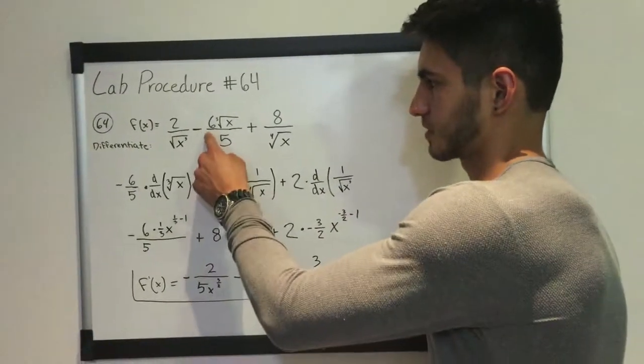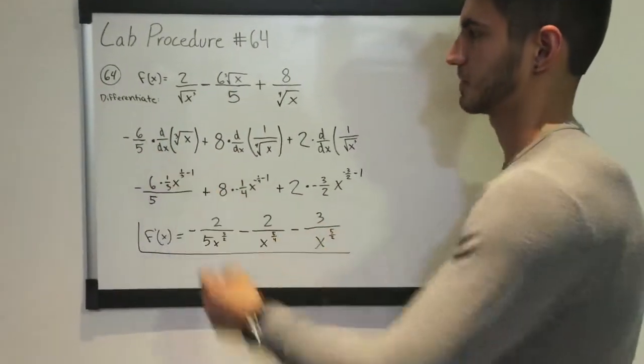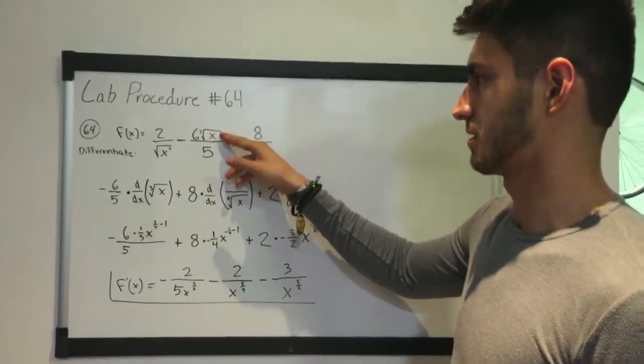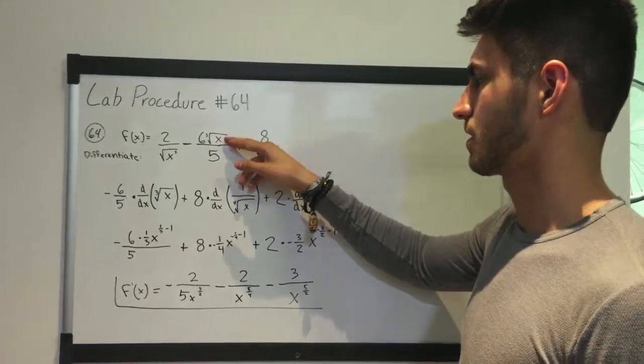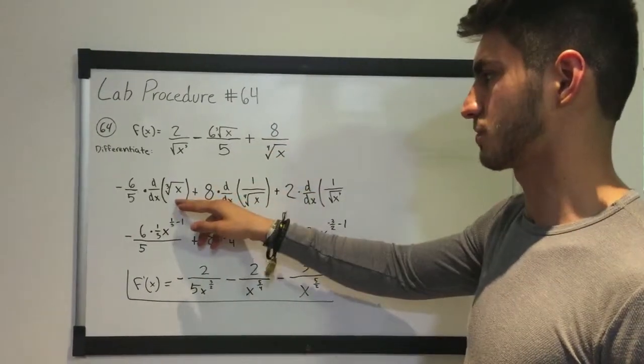The first thing I did was take 6 here, multiply times dx, and I got the cubic root of x. Since it is on the numerator, it's going to be equal to 1.